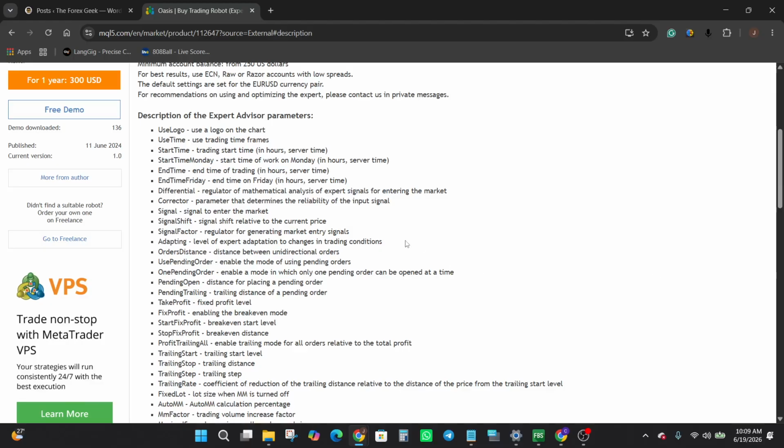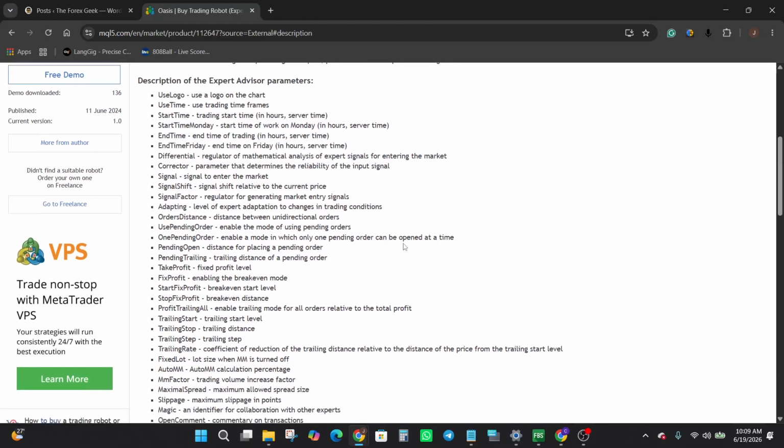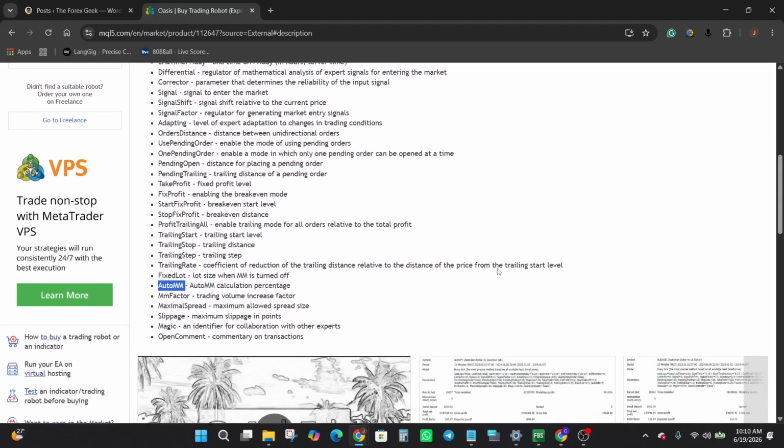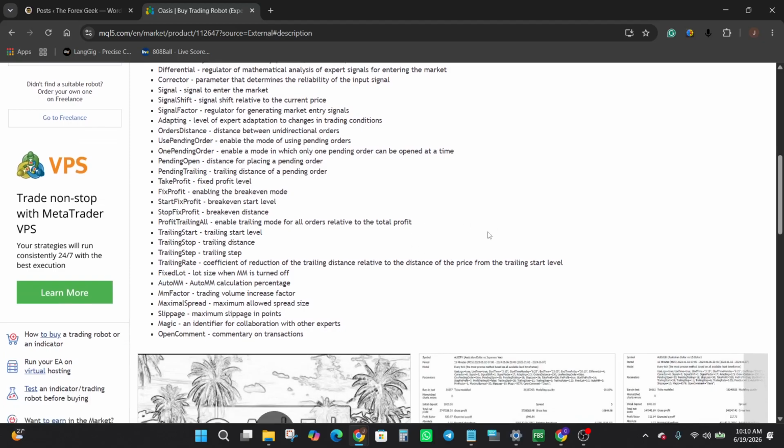Risk management options are also included. Traders can choose between fixed lot sizing and automatic money management through the Auto MM setting, while additional controls are available for spread limits, slippage, and trade identification through a unique magic number.